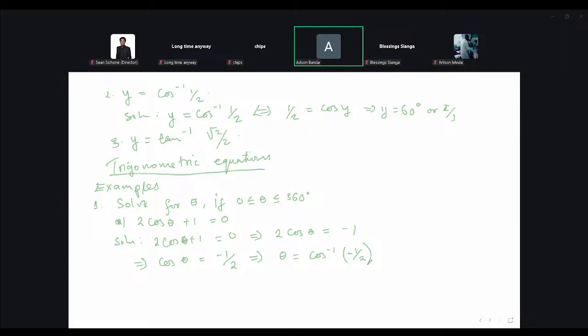So tell me, in which quadrant is the cosine negative? Second and third.